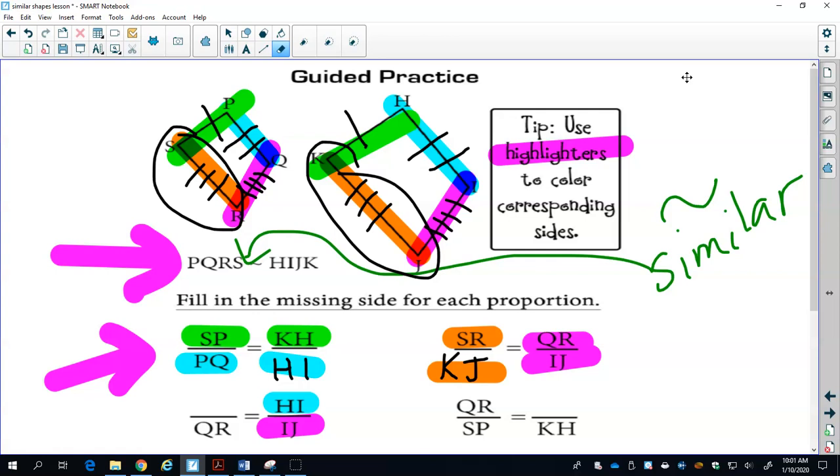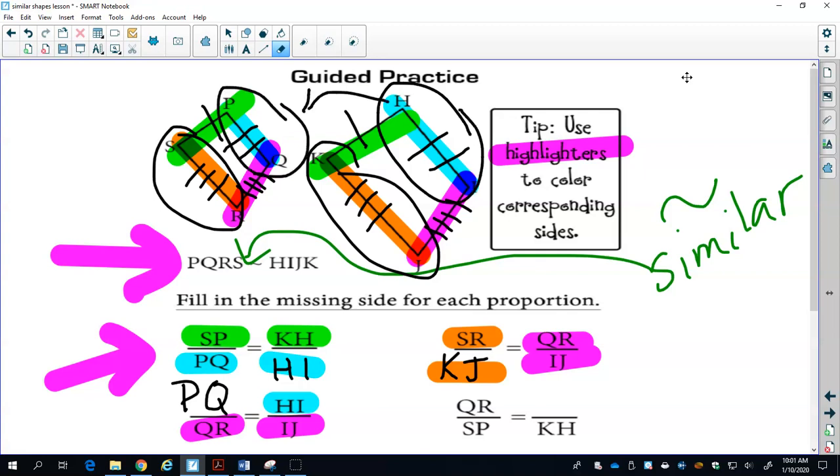So IJ is going to go with QR. It tells us right there they're both purple. And HI is going to correspond to PQ. Okay? You see that? HI corresponds to PQ. It's got the same color, and it also has two of the dash marks.